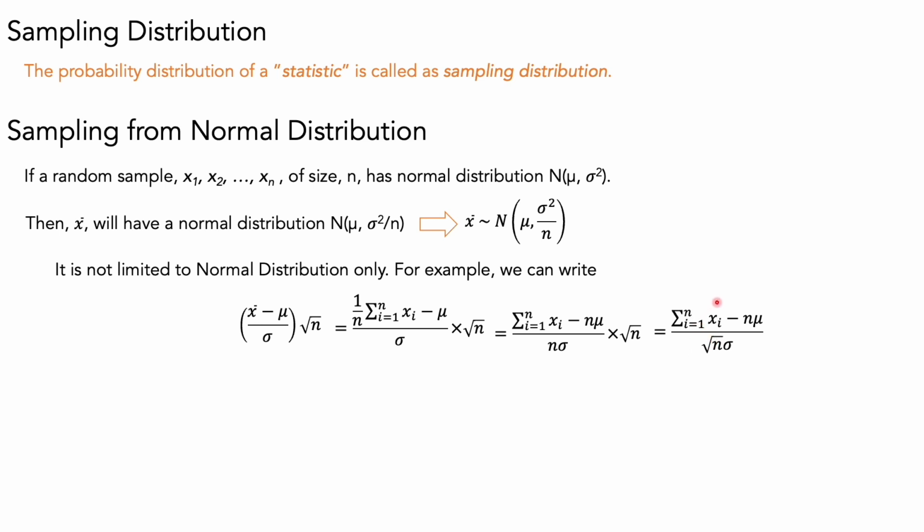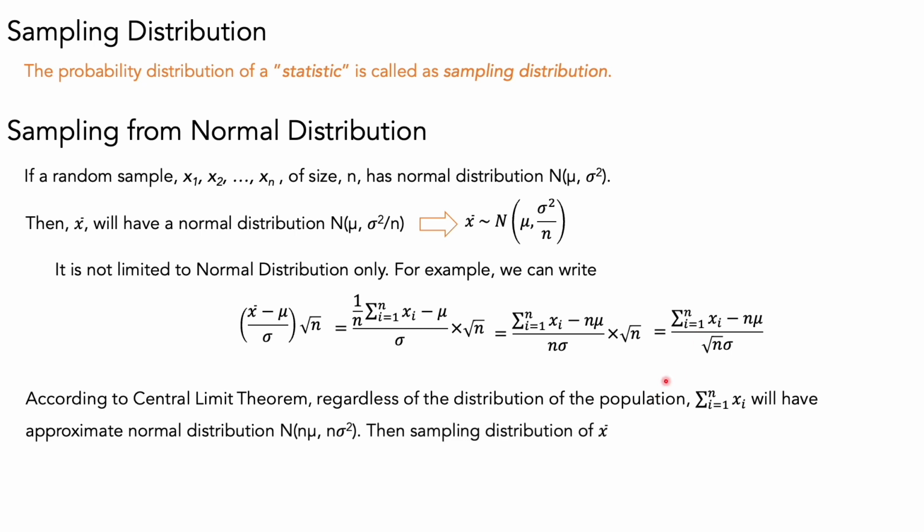Now, the purpose of showing this was to get this expression. This expression is the sum of the variables xi, right? And if you can recall the central limit theorem, it says that regardless of whatever the probability distribution of a population is, the sum of the variables collected from that population will have an approximate normal distribution.